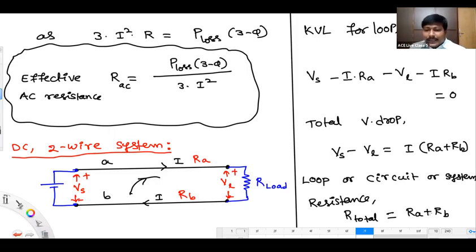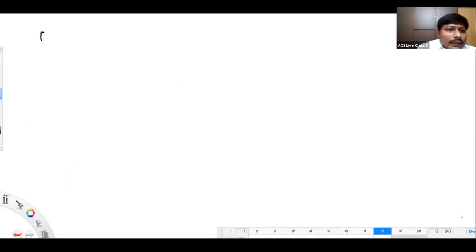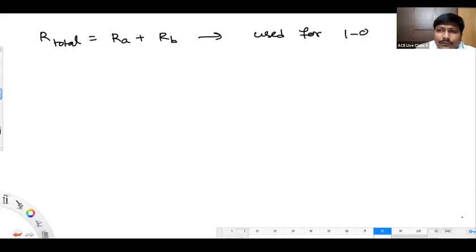Yes? Okay. So I can say here R total equals Ra plus Rb. This can be used even for the single phase two-wire system also. Okay, done. Next thing. So I'll talk about DC one wire here.